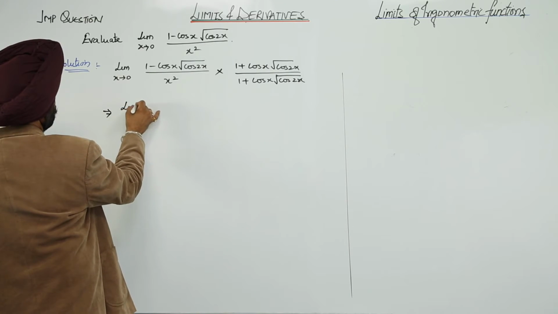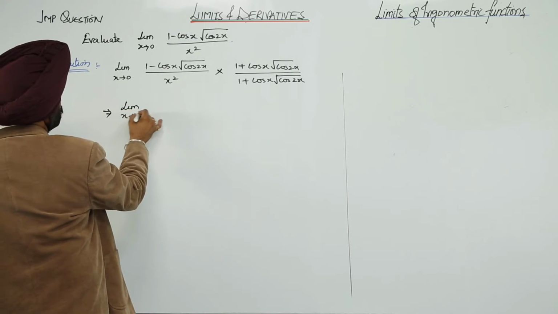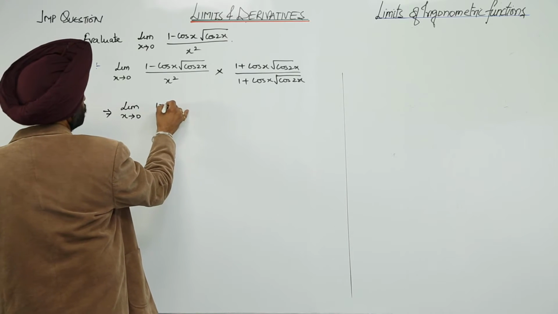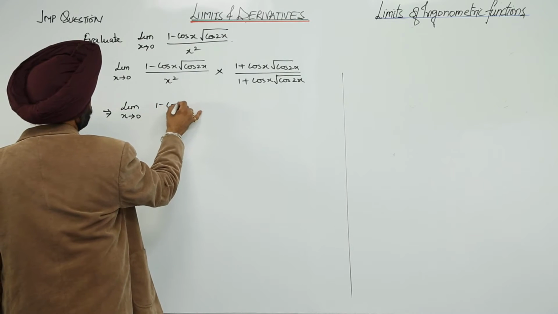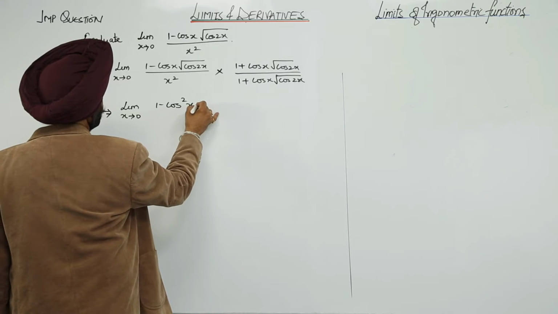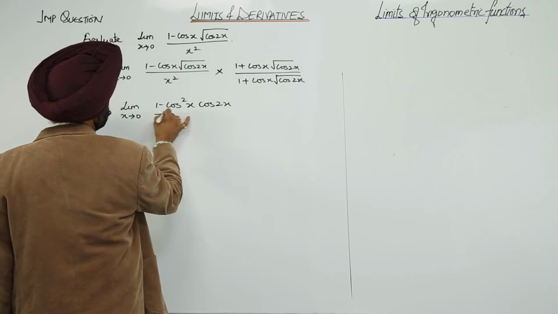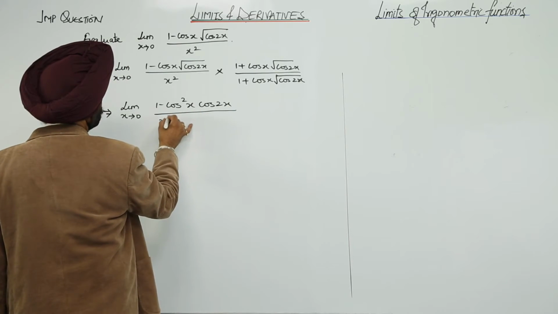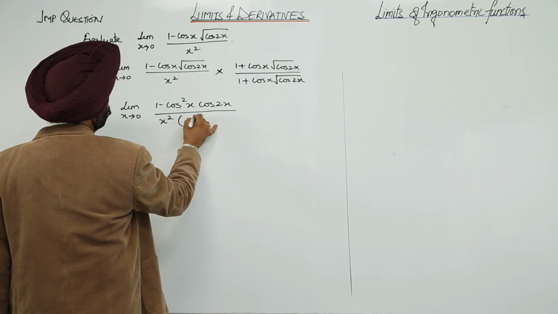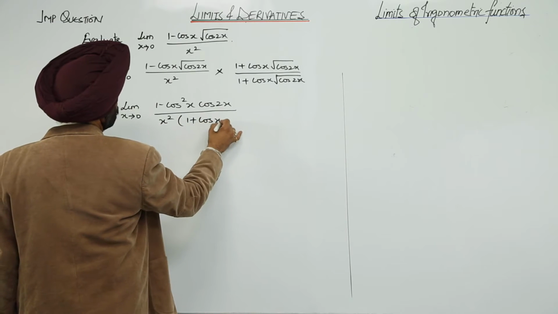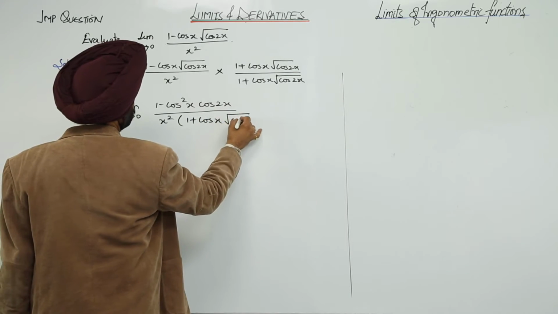Now, limit x approaches to 0, 1 minus cos square x cos 2x upon x square with 1 plus cos x square root of cos 2x.